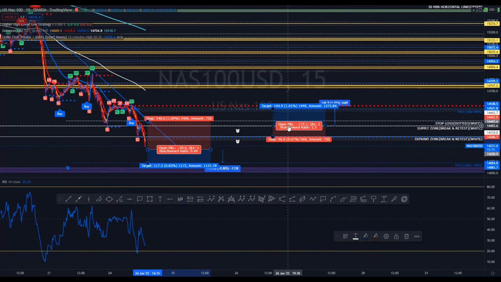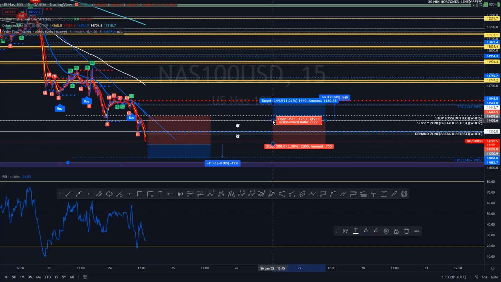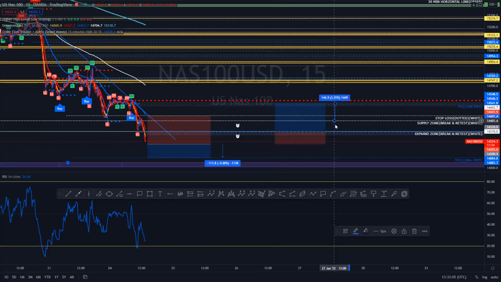Matter of fact, I probably might just wait until it crosses this line here. If it goes up, it crosses this and then goes up, I might pull the stop loss down here, pull my entry here. Just gauge it like that.